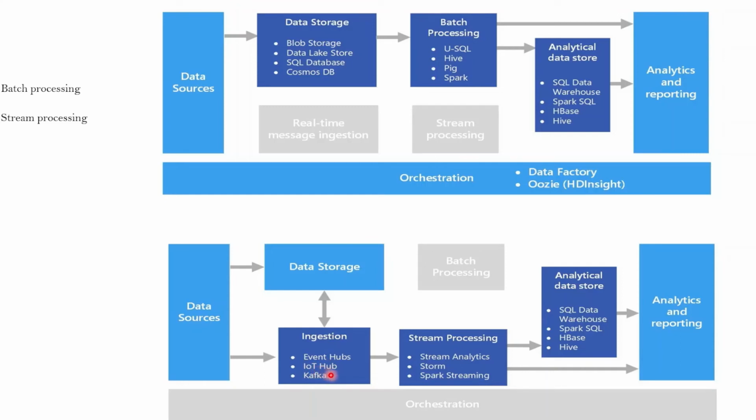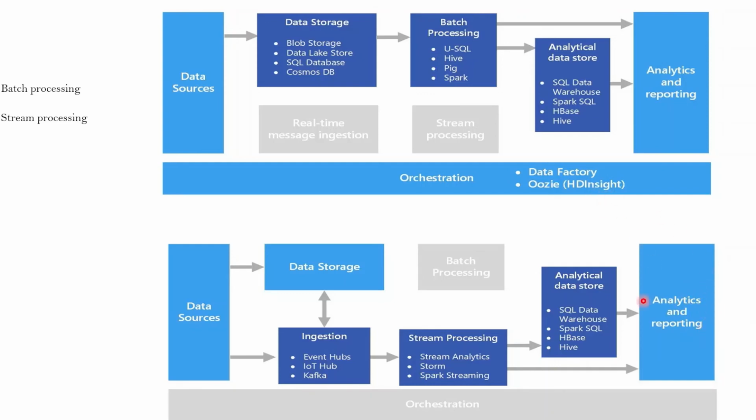Then it goes for stream processing, and we have Spark Streaming, Storm, Stream Analytics. These Azure services do the further processing of the real-time data, and then that gets stored in the analytical data store, and then further it goes for analytics and reporting using Power BI or some further tool.